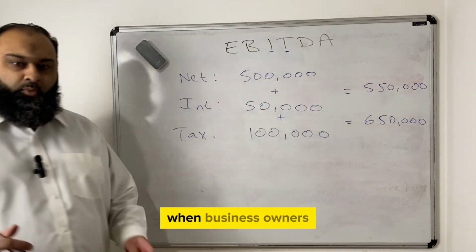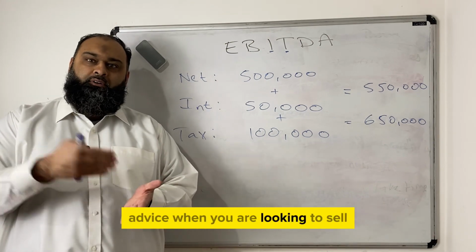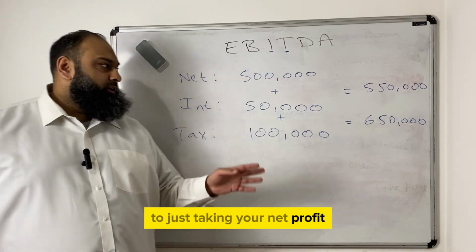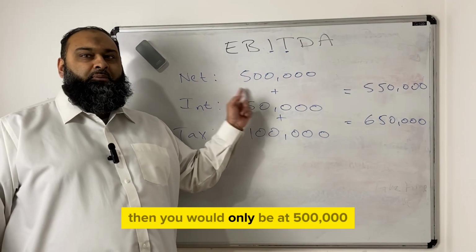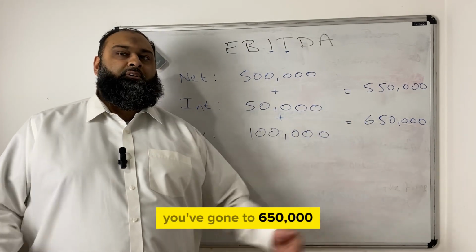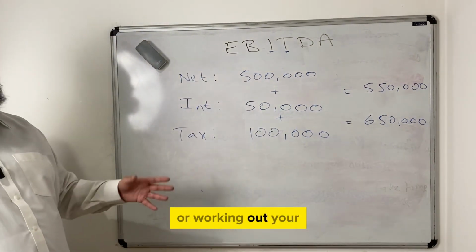This is why, as business owners, you need to get the correct advice when you are looking to sell your business. It's completely different to just taking your net profit. If you had sold your business just on net profit, you would only be at 500,000, but already you've gone to 650,000, increasing the amount that you can get for your business, or working out your EBITDA anyway.